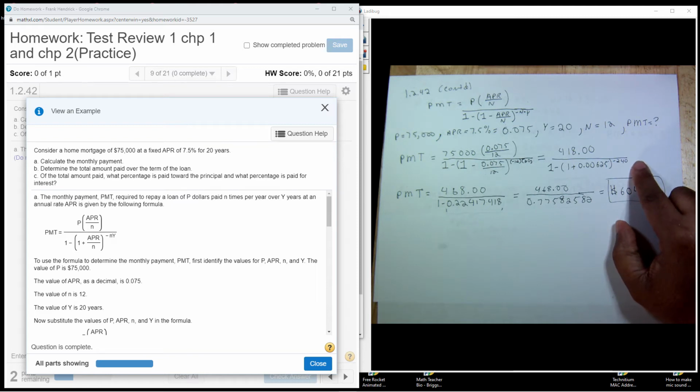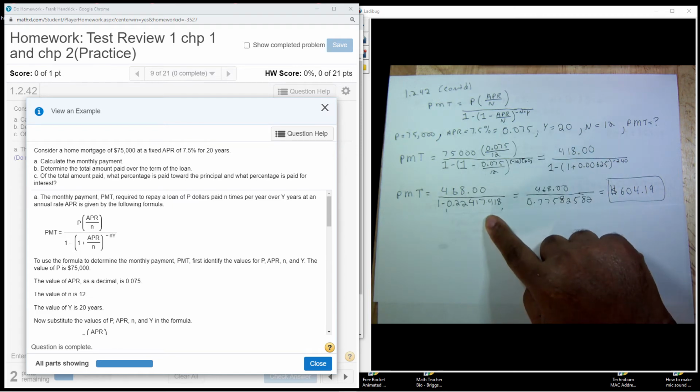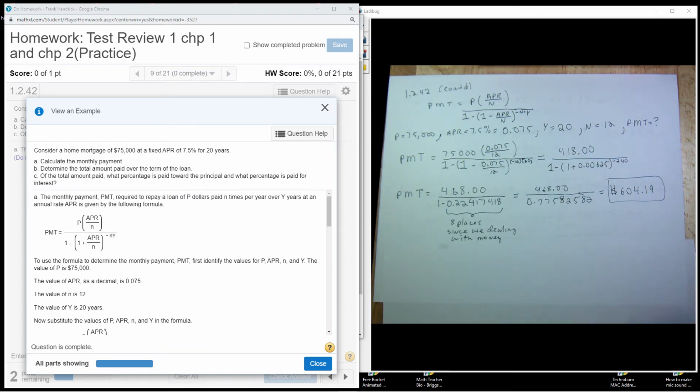So I simplify this denominator here. Now, this is something you need to remember: since we're dealing with money and we are raising values to powers here, we want to be as accurate as possible to the penny, we need to go out as many as 8 different digits, because we'll be rounding to the nearest penny.